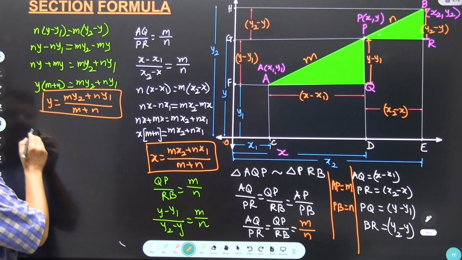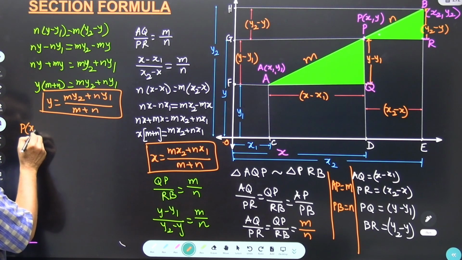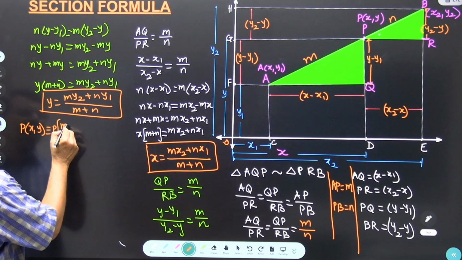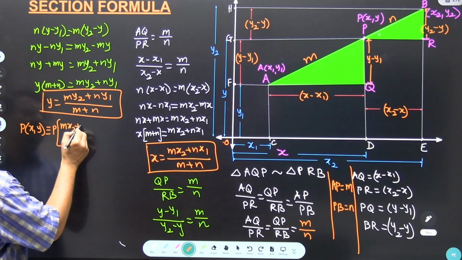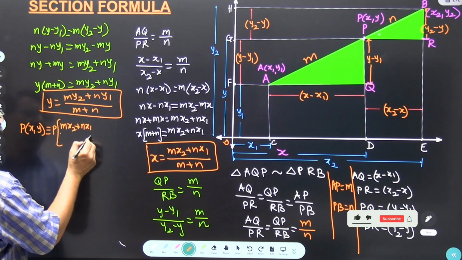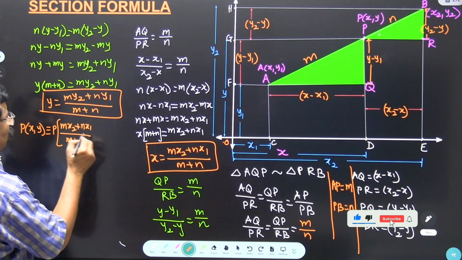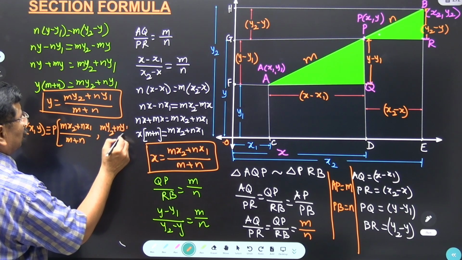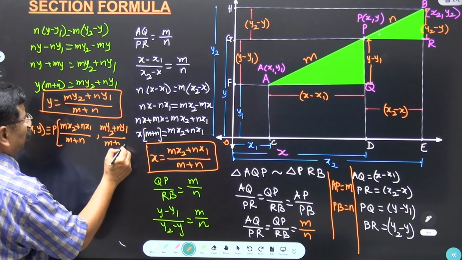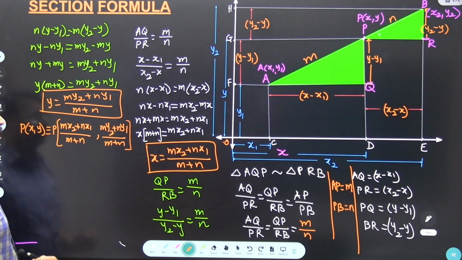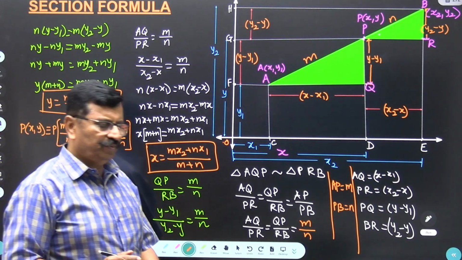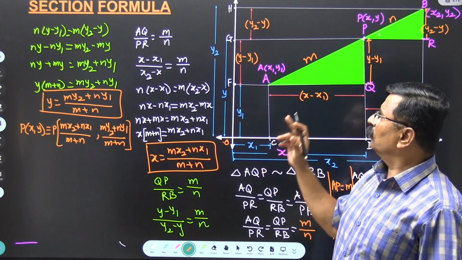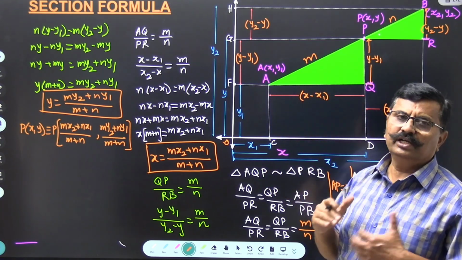So what are the coordinates of point P which divides segment AB internally? This is mx2 plus nx1 divided by m plus n, comma my2 plus ny1 divided by m plus n. So these are the coordinates of point P which divides segment AB in the ratio m is to n internally.